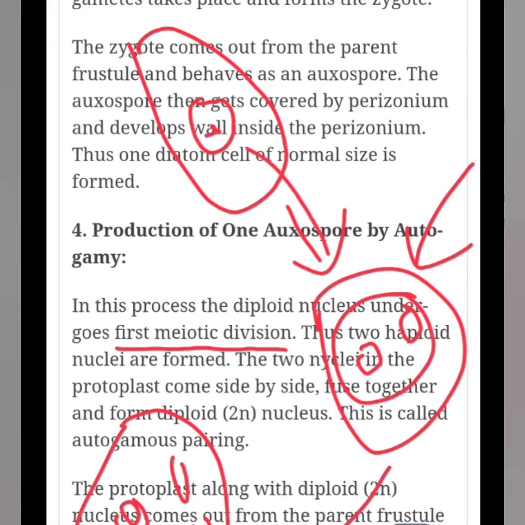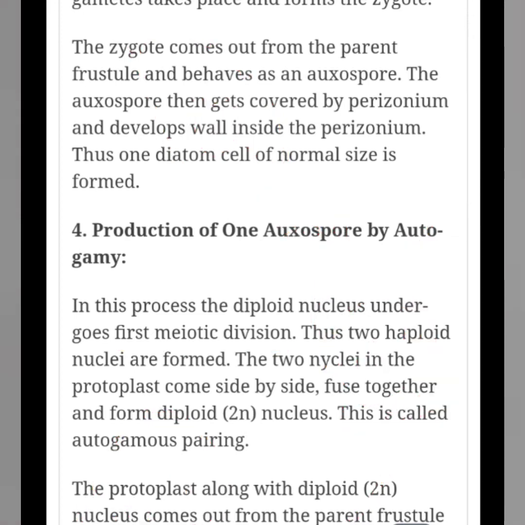The nucleus gives rise to 2 daughter nuclei in the first meiotic division, and these 2 haploid nuclei in the protoplast come together and fuse again to form a 2n nucleus, a diploid nucleus. This is called autogamous pairing.